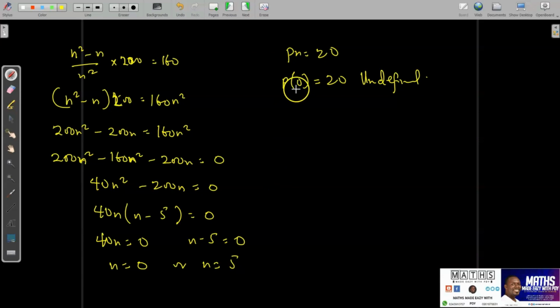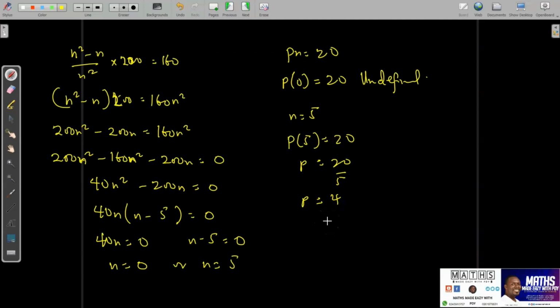But we can solve for p when n is equal to 5. So we are going to have p times 5 equal to 20. So p will be equal to 20 over 5. And p is what value? 4. Perfect.